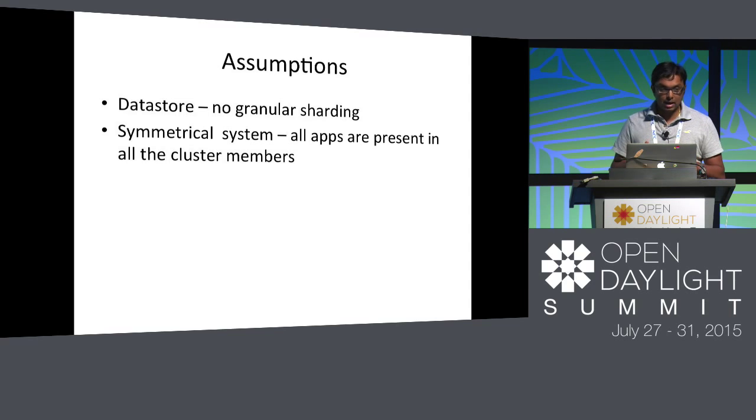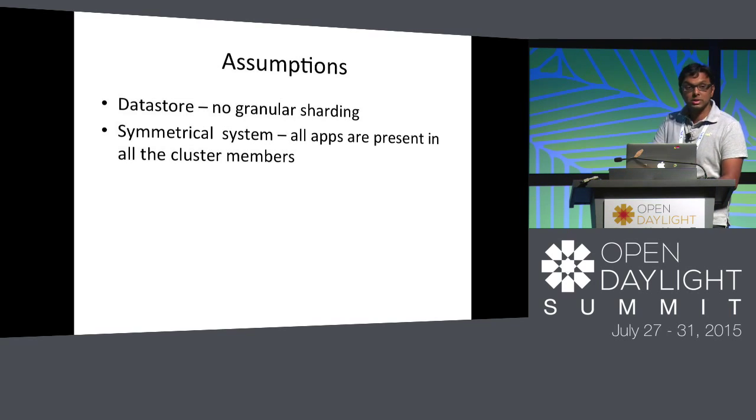This design can be completely abstracted from the data store sharding and how the data store is sharded. That is one of the assumptions I'm making in this design, and it's going to be a symmetrical system: all apps are present in all the cluster members.